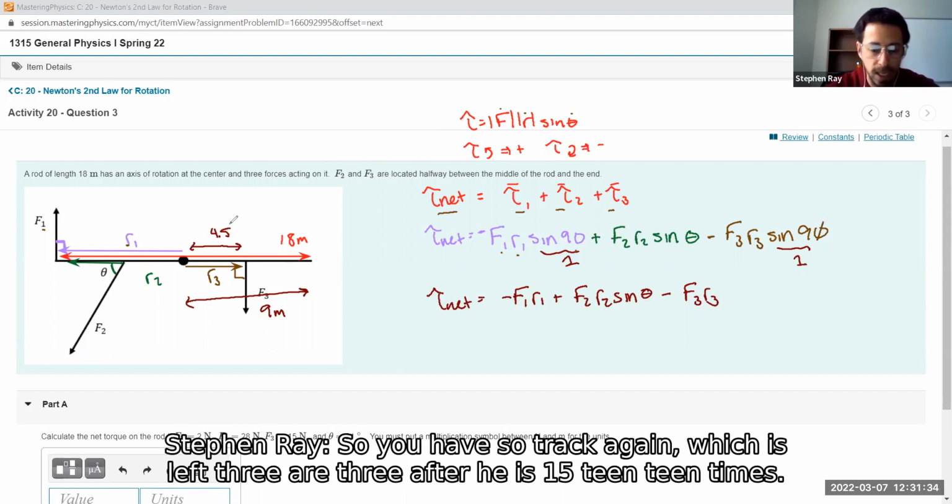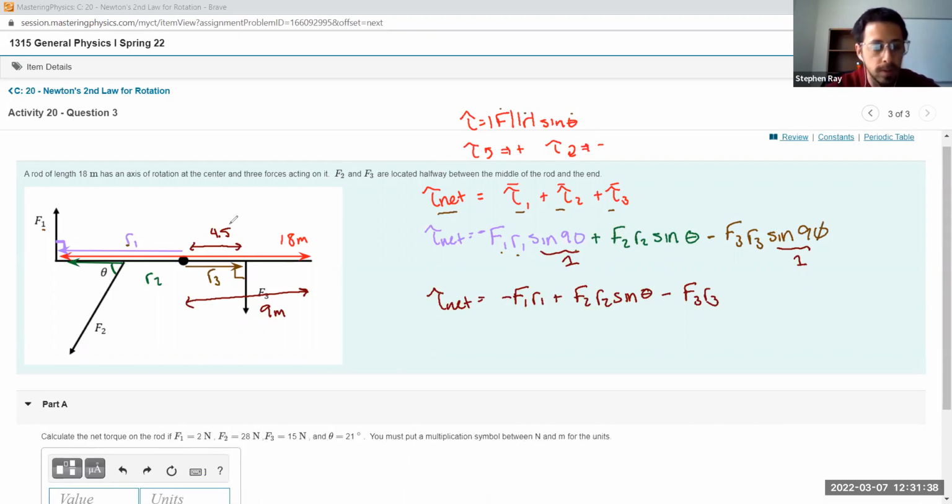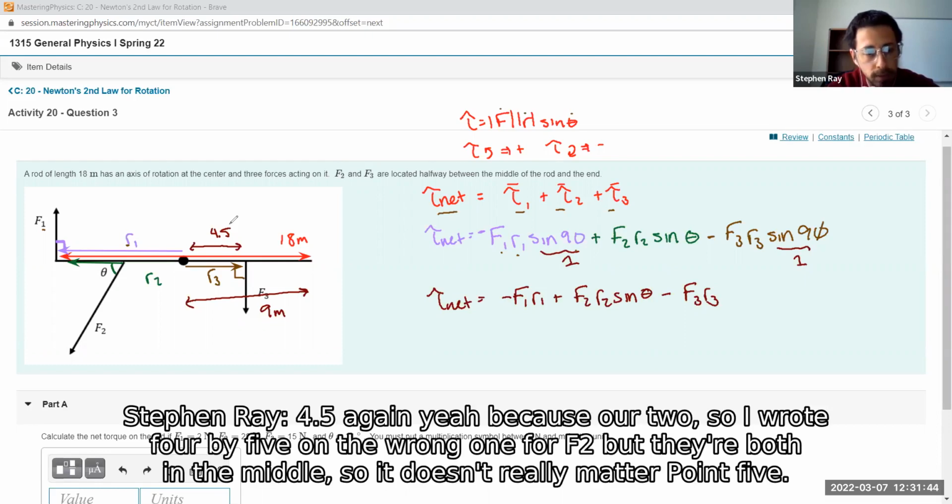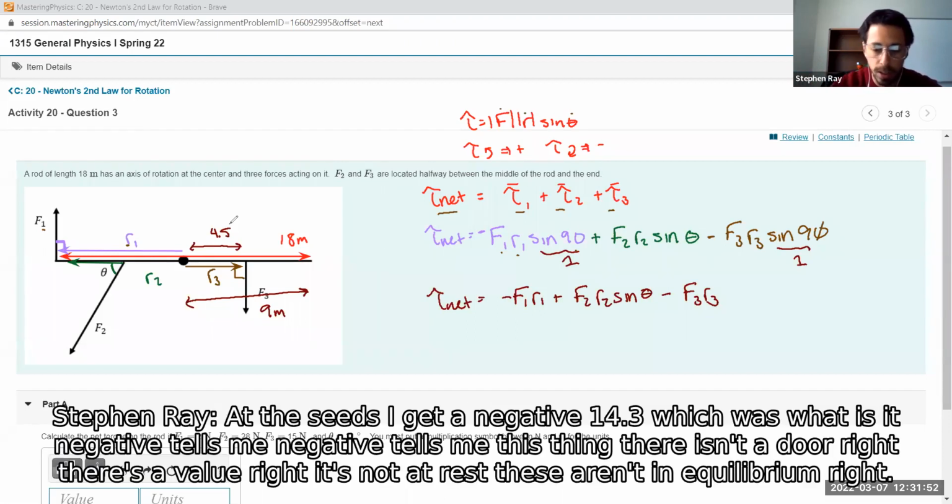So F3 is 15 times 4.5 again. I wrote 4.5 on the wrong one for F2, but they're both in the middle, so it doesn't really matter. I get a negative 40.3.